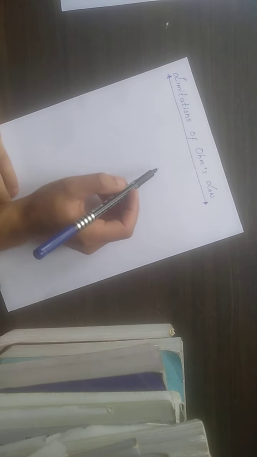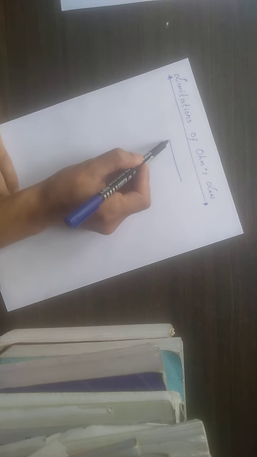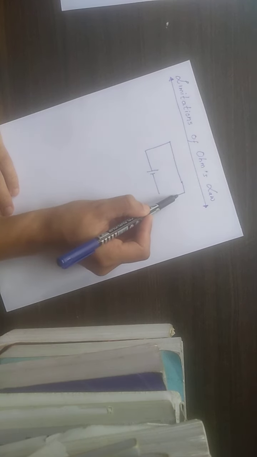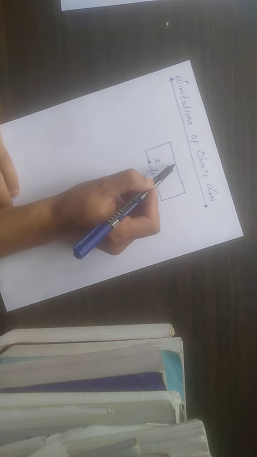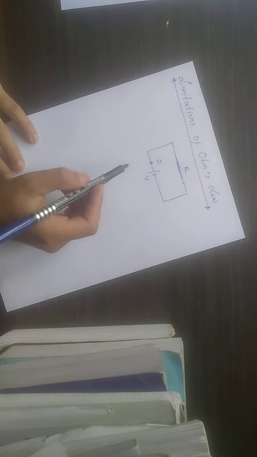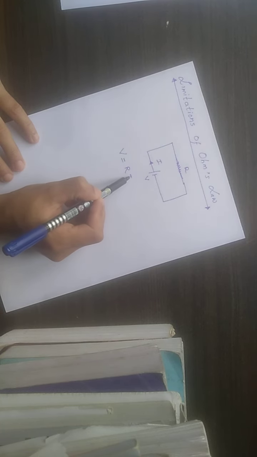So Ohm's law was actually when you have a circuit connected with a battery of potential difference V, then there will be a flow of current I in the circuit, and if R is the resistance of the circuit, then these three quantities will be related by V equals RI.